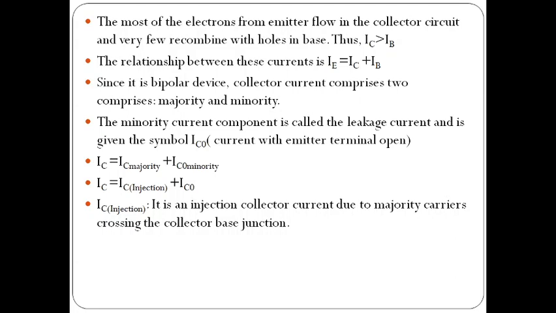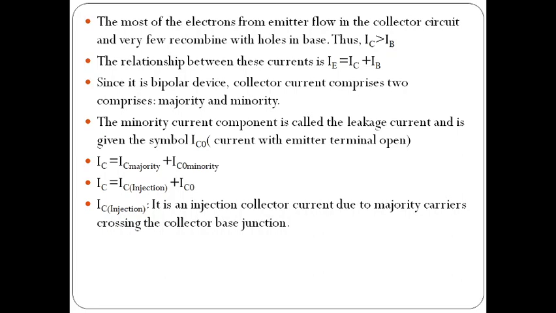This ICO is nothing but the collector current with the emitter terminal open. So we can write the total current at the collector as IC equals IC due to the majority carriers plus IC due to minority carriers. It is represented as ICO. Otherwise you can write IC equals IC injection plus ICO.